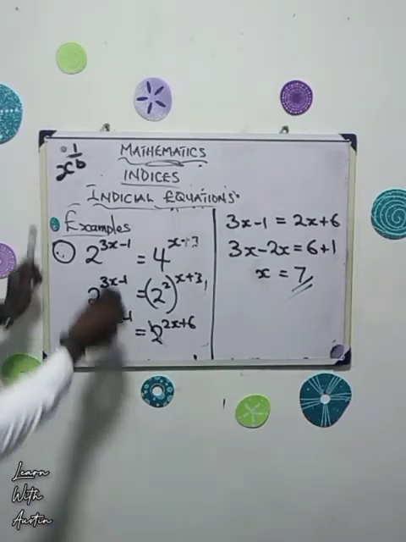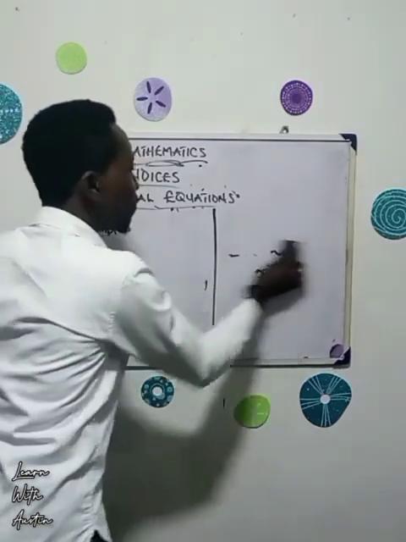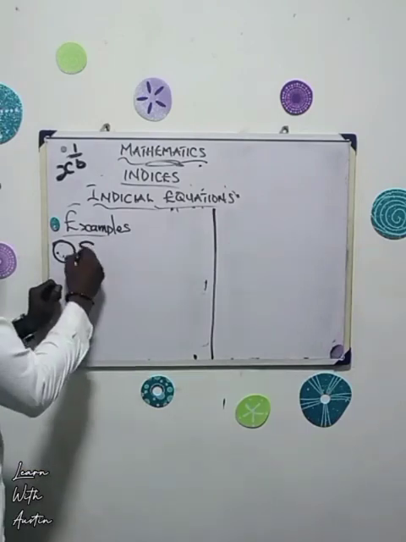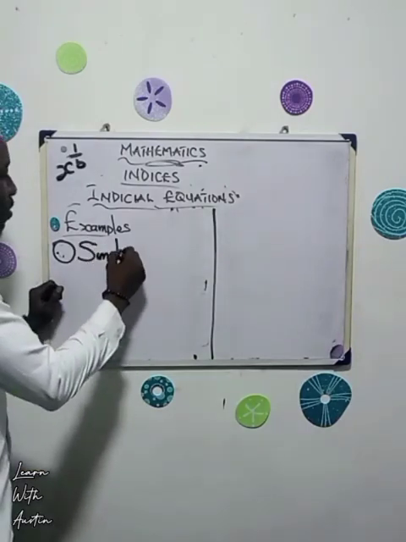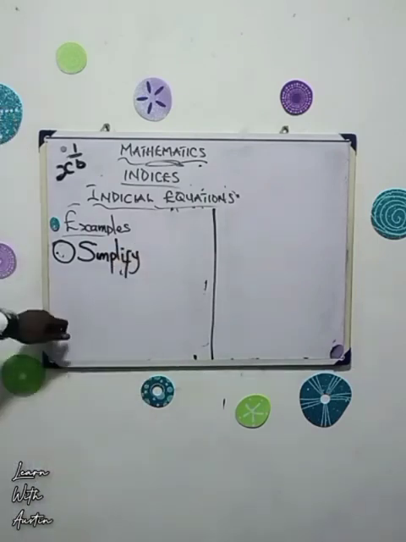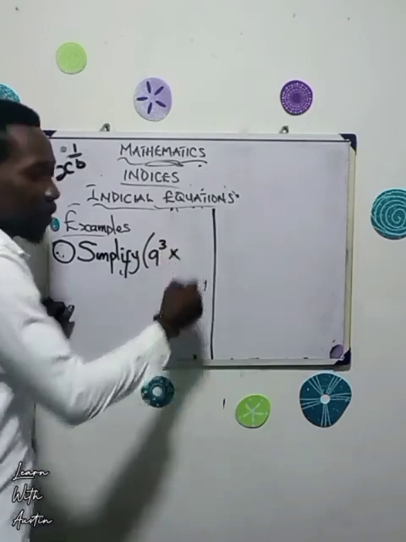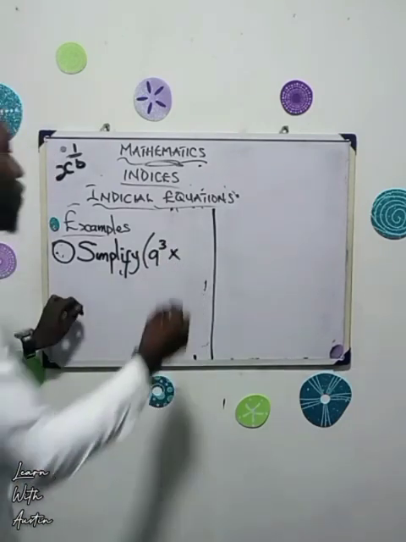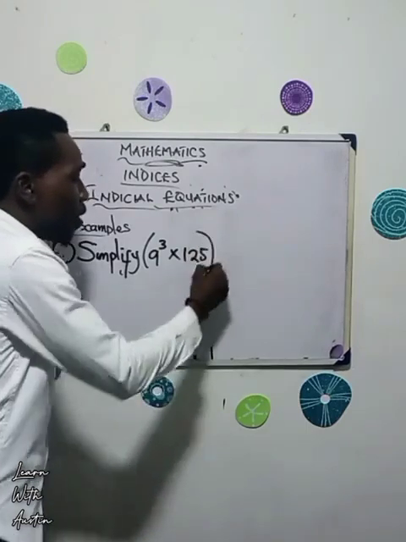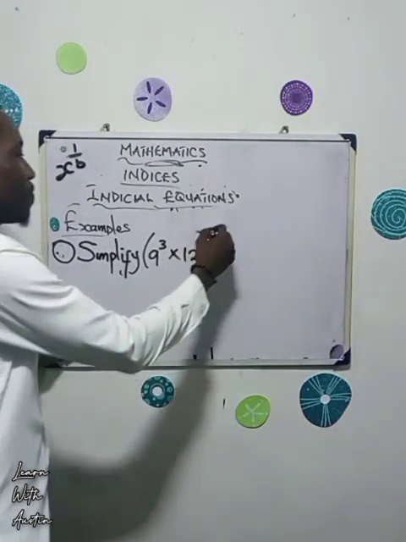So let's solve this one. Simplify a raised to the power of 3 times 125, bracket close, all raised to the power of 2 over 3.